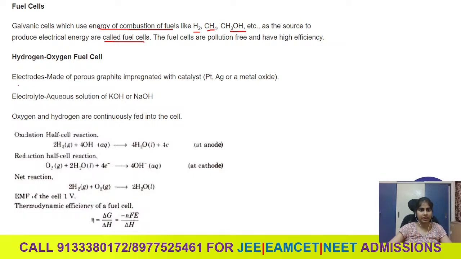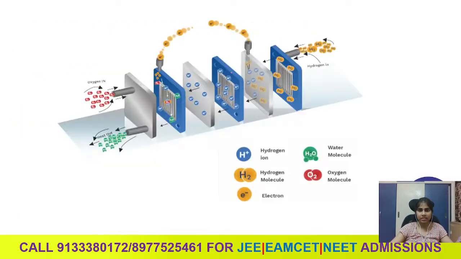So what happens here? The electrodes are made up of porous graphite. Porous graphite means there will be small minute holes present in the graphite, which are impregnated with a catalyst. They have a catalyst like platinum, silver or a metal oxide. You can see this is the fuel cell.